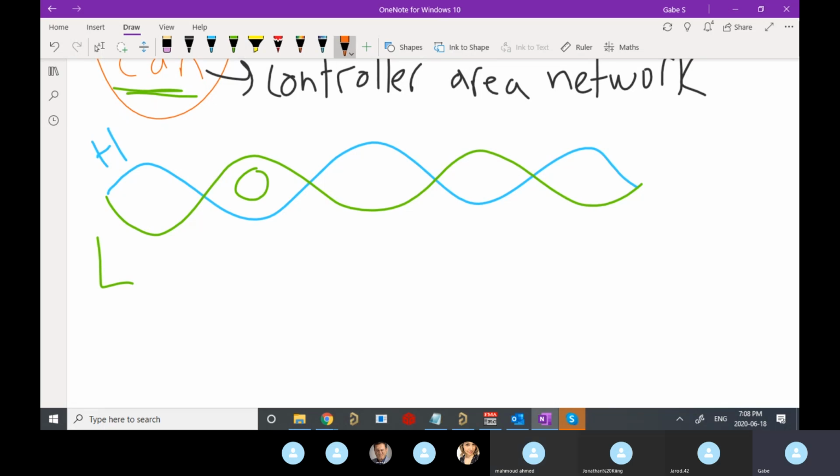Way back to physics, you create an EMF with flux lines cutting through areas, right? And if that flux is changing, then you're going to create a little bit of EMF, and that creates a little bit of noise on the line, right? So if you close this area as much as possible and make it very tight, you're theoretically minimizing the amount of noise that you can get, right?